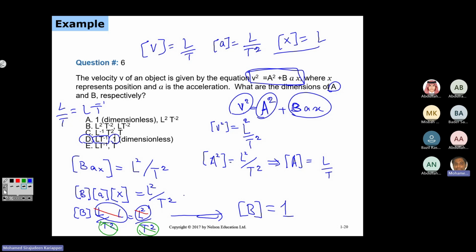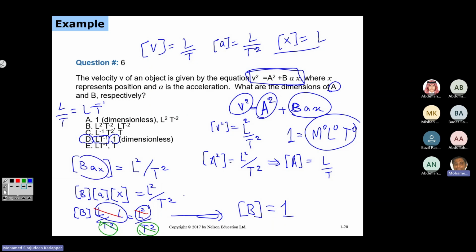If you get the dimension of something to be 1, that means it is M to the power 0, L to the power 0, T to the power 0. Anything to the power 0 is 1, so this whole thing is 1. When you find the dimension of something to be 1, that quantity has no dimension.